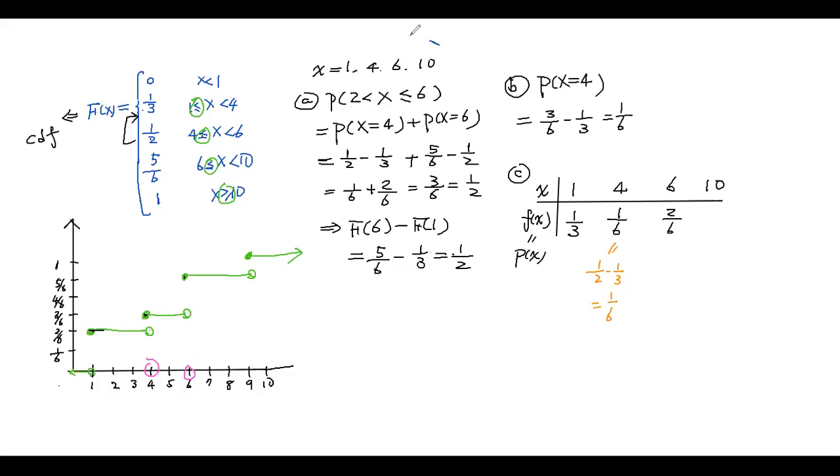So how do I get this one? It's 5/6 minus 1/2. Clear? Okay, so now f of 10 is 1, right? So 1 minus what? 5/6, so it's 1/6. So this one here is 1 minus 5/6.